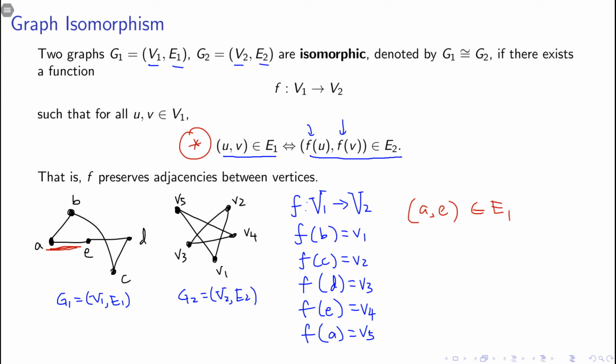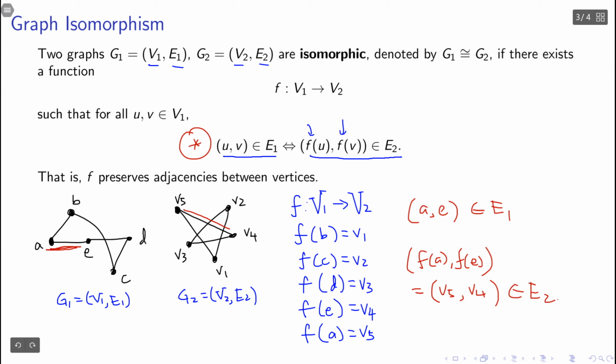Well, after you apply the function f, we get f of A, f of E. And this is the same as saying V5, V4. Is that an edge in E2? Yes, it is. And so under this mapping, the edge AE in G1 corresponds to the edge V5, V4 in E2.